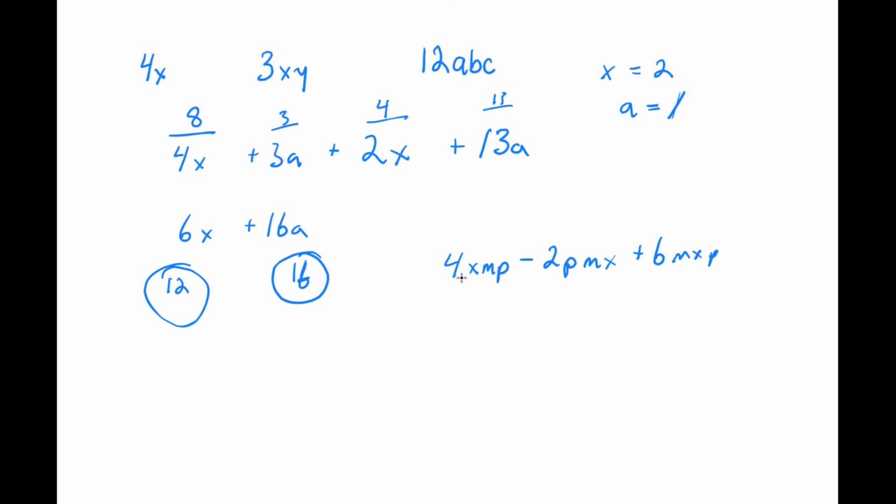Remember, 2 times 3 is the same as 3 times 2. So what I like to do is I like to go back and put these terms in alphabetical order. I mentioned that in the last lesson, and that helps me to see which ones are alike, okay? So 4, and then m, and then p, and then x, okay?